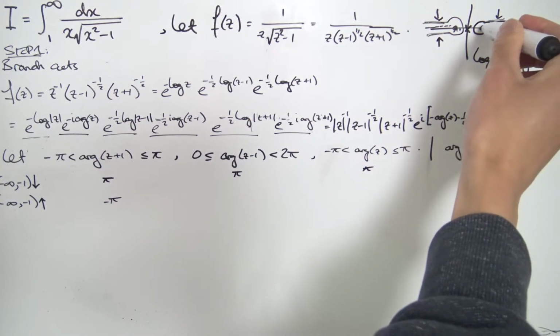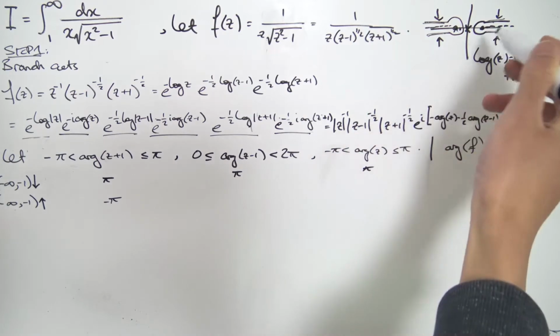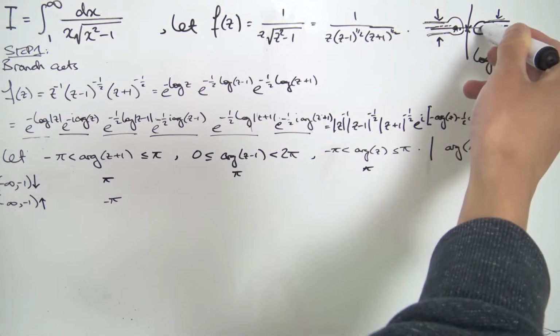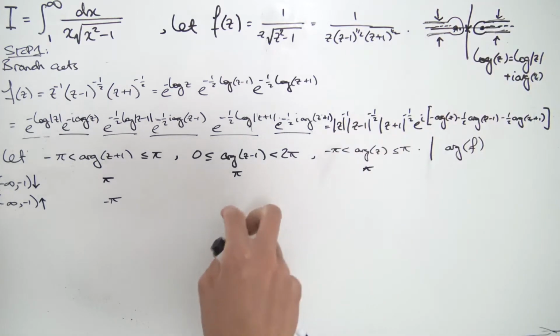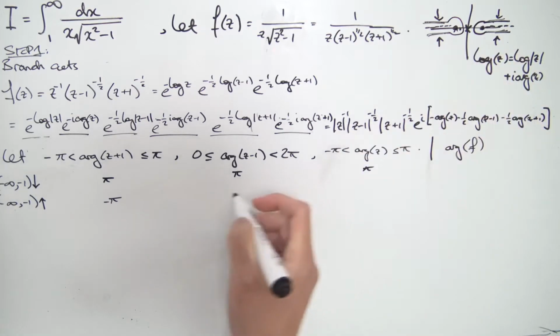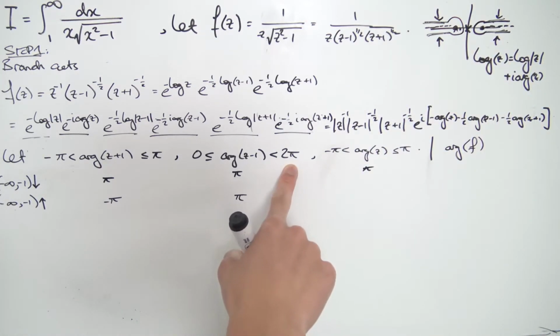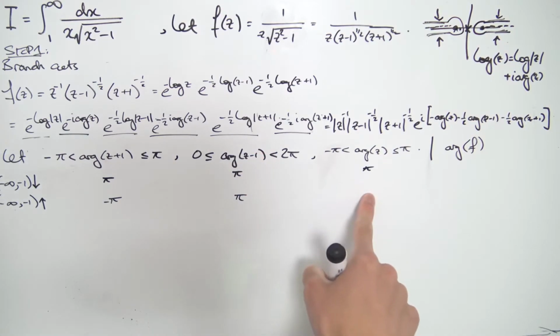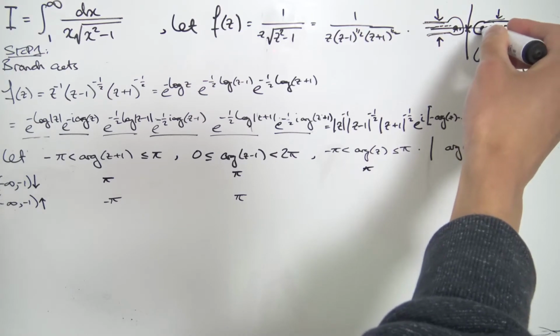If we're centered around z equals 1, which is the second one, what's the argument approaching? This argument is between 0 and 2 pi, which means we're going to be approaching pi. We can't approach minus pi because that's outside of the interval that we defined. And finally, arg of z approaches minus pi.